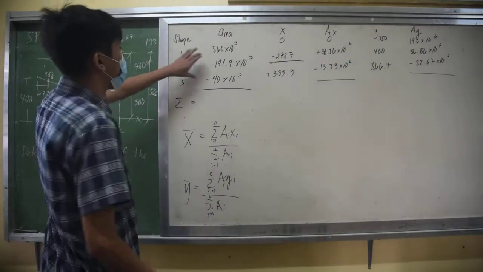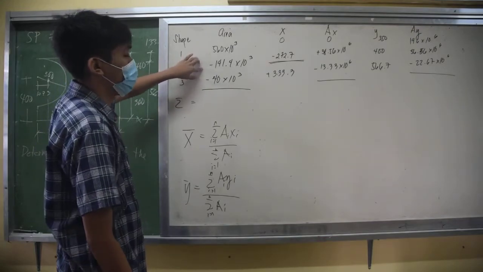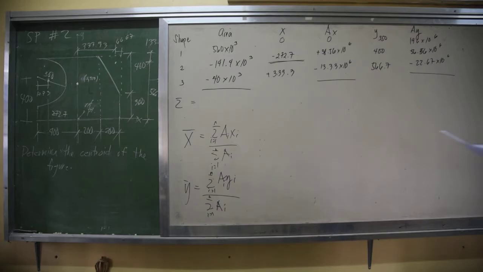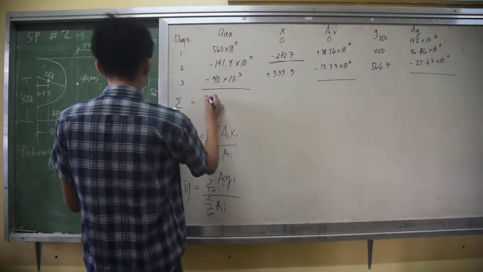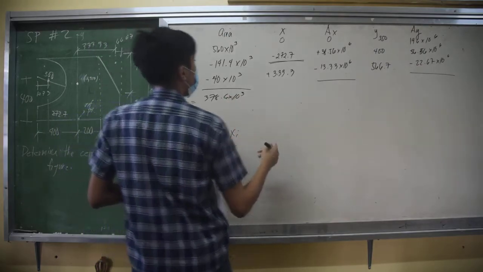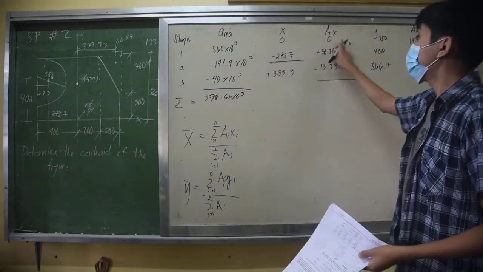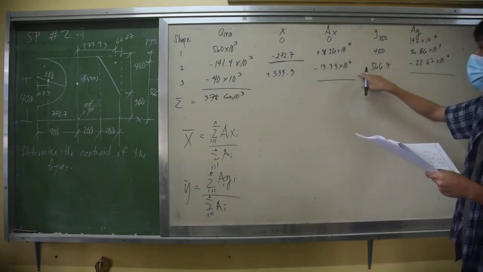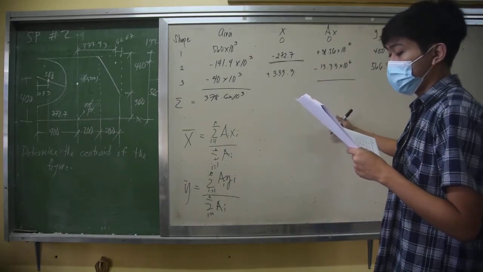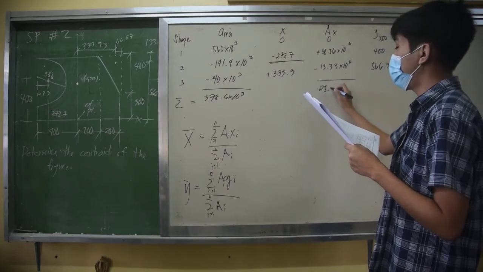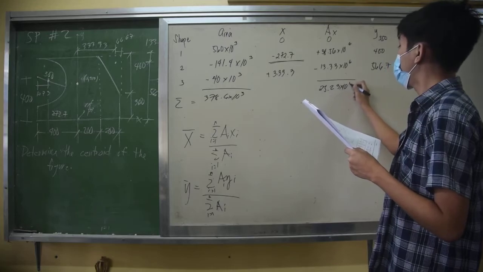So, yung total area, ipagaan lang natin to. That is equal to 378.6 times 10 raised to 3. Then, ito, pinag-multiply natin 0, multiply, positive, multiply, negative. Then, ipagaan natin to. So, that is equal to 25.20 times 10 raised to the 6.